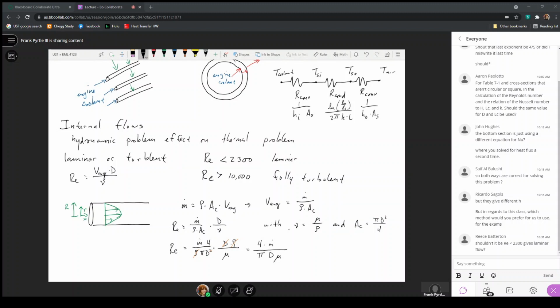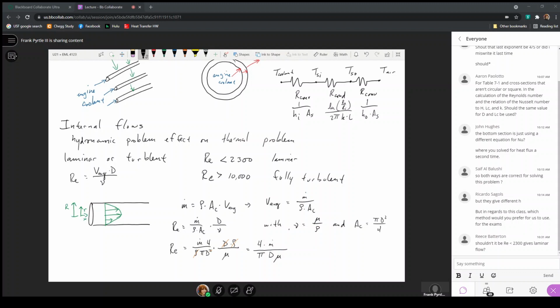The mass flow rate is what will be specified. And so if the mass flow rate is specified, we just need the diameter and the dynamic viscosity for the fluid in order to solve for the Reynolds number, which again tells us whether the flow is laminar, fully turbulent, or if it's in between, we call it transitional.